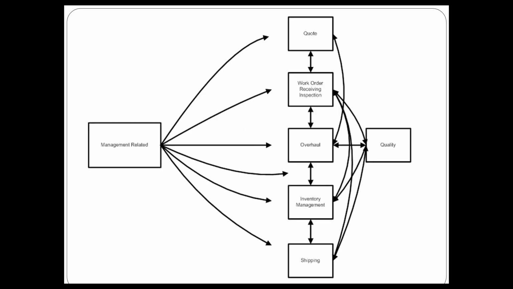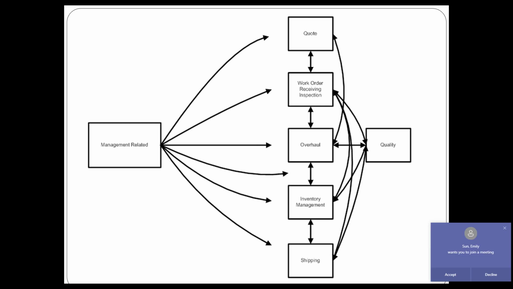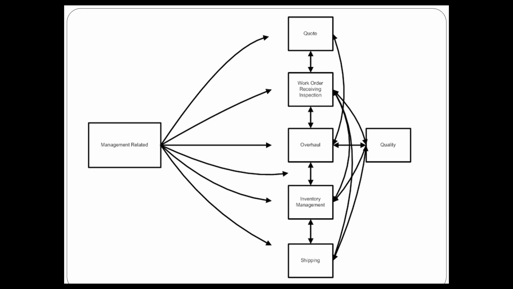This is a rather unique model for processes. Again, off on the left here, you can note management related. We would take that potentially as being equivalent to what was referred to as support in some of these other processes.